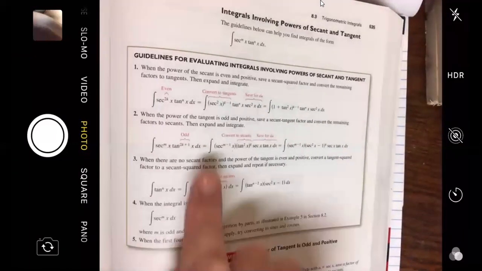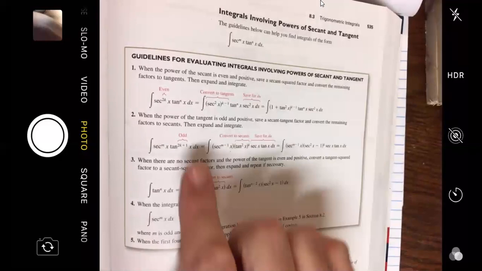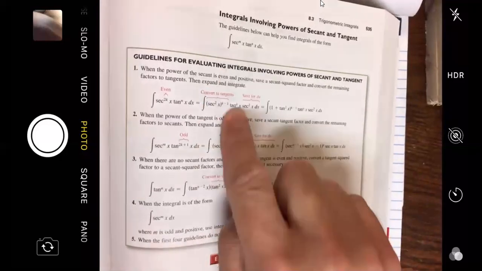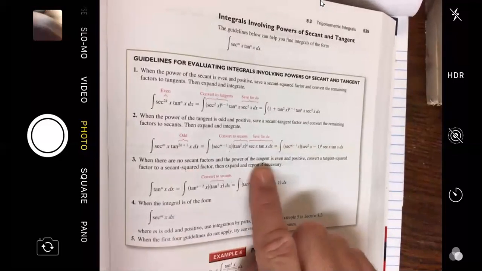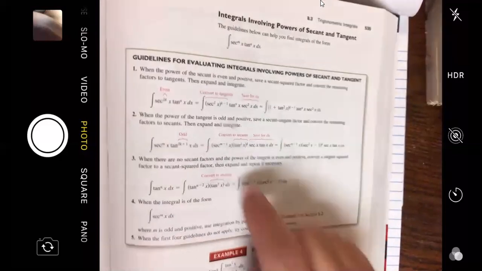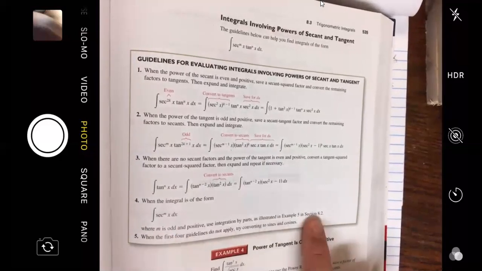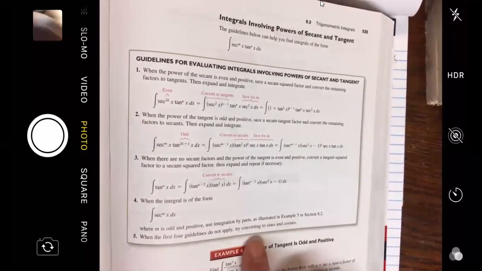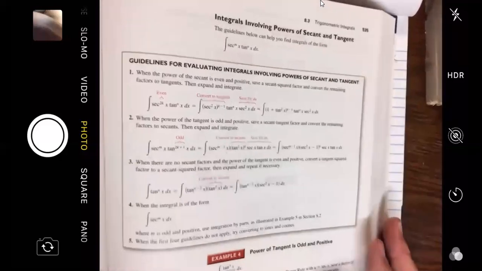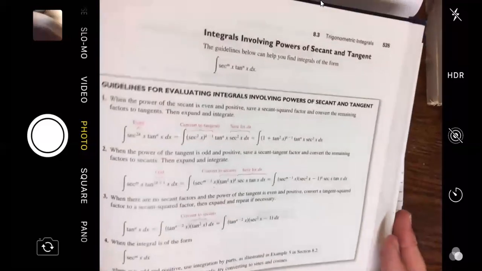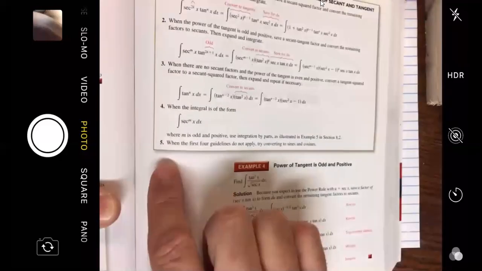You've got to look at what they give you and decide: if your secant's even and positive, do this. If your tangent's odd and positive, do this. If the power of the tangent is even and positive, do this. If you get a straight secant power, do this. And number 5, try converting to sines and cosines. They left off guideline 6. Guideline 6 is dial a prayer.